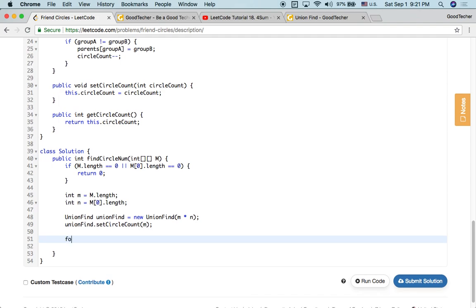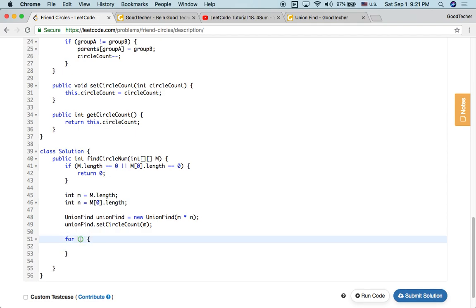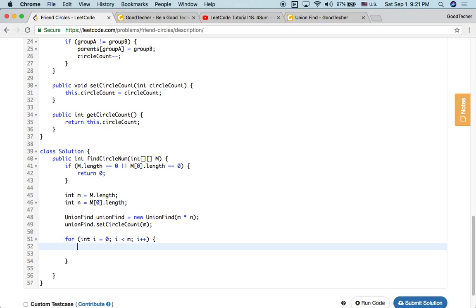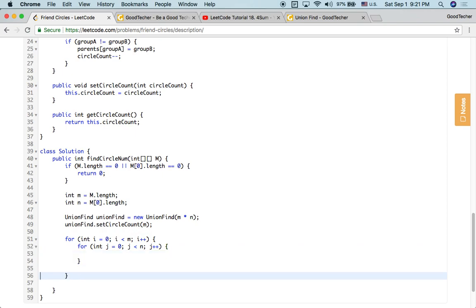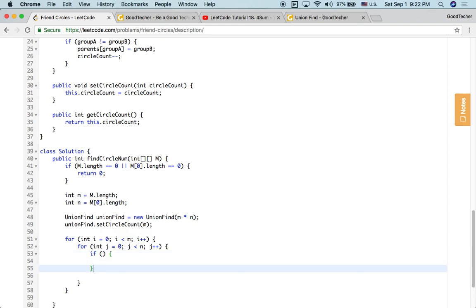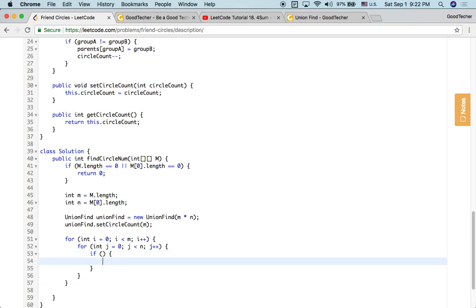After that we are going to have a for loop. For int i = 0, i smaller than m, i plus plus. Inside there's a nested loop, j smaller than n, j plus plus. Here we are doing the condition check, to decide whether we should do the circles merging.